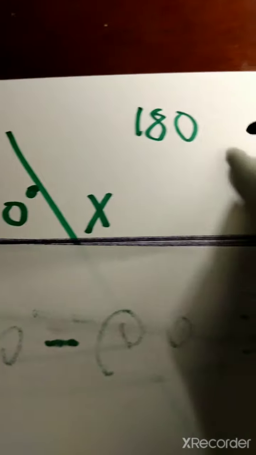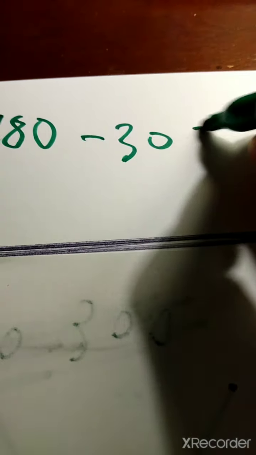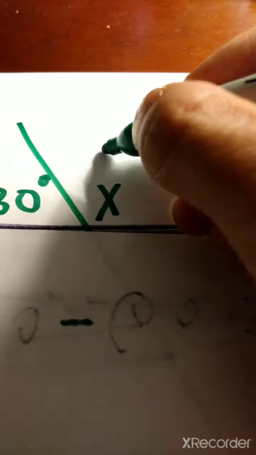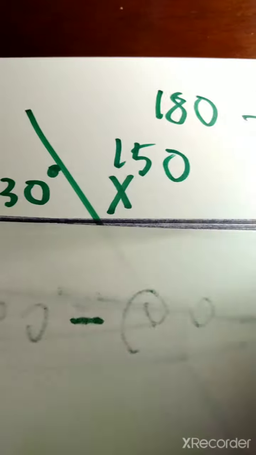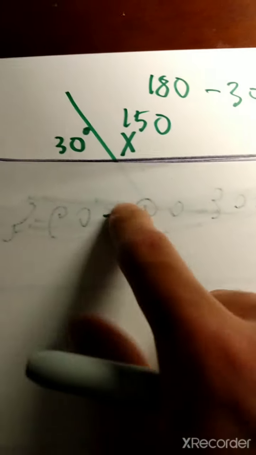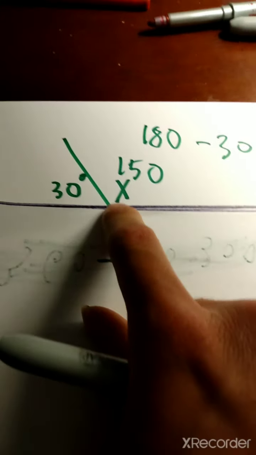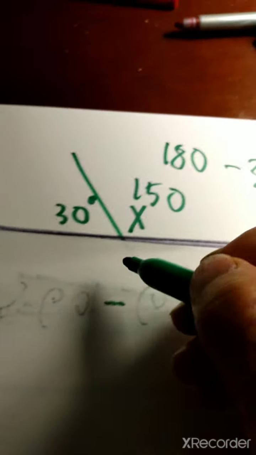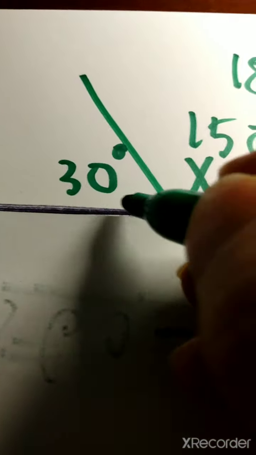So 180 minus 30 degrees is going to equal 150. So that x is going to equal 150 degrees. Covering half of the line is easy because 180 is a supplementary angle, and the problem is only giving us the 30, so we get to solve what x is, 150 degrees.